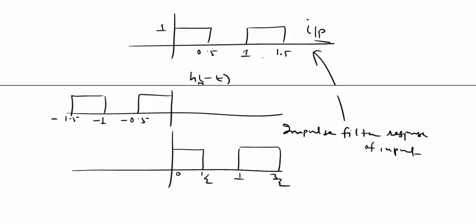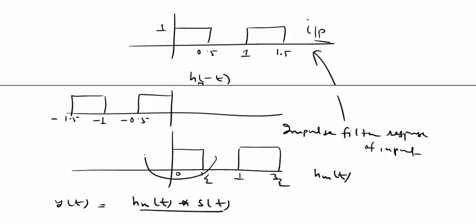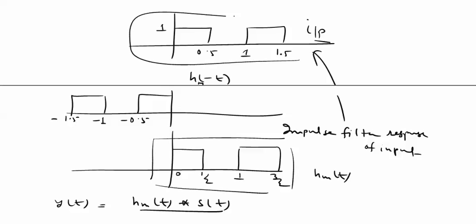In the third question, sketch the output response y(t), where the match filter response h_m(t) and the input s(t) are convolved. Convolution between these two, first term and second term.